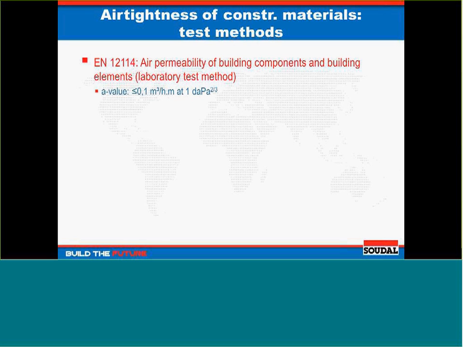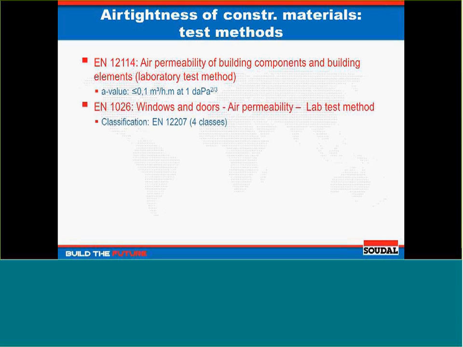Typically, values that are measured are expressed as an A value or in square meters, or for our products, because we're talking about jointing and sealing products, per running meter. This one is expressed at 10 Pascal, but of course measuring data are available if there is a test report which can document the air losses at other pressures as well.